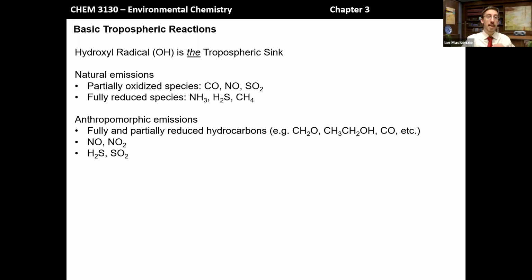And the really important thing to stress is that all of these partially oxidized species undergo oxidation in primarily the troposphere, and then are either removed or fully oxidized entirely up to, for example, CO2 would be the fully oxidized form of carbon there. But it's the OH radical, it's that hydroxyl radical that initiates the process of oxidation for nearly all of these.